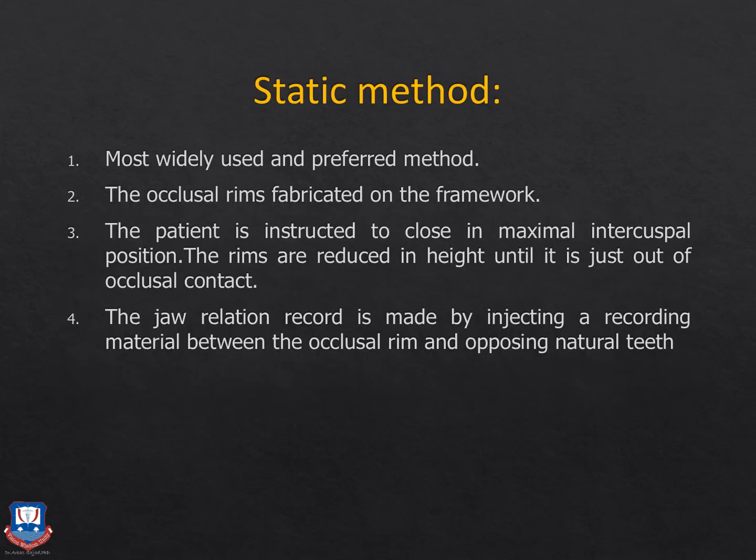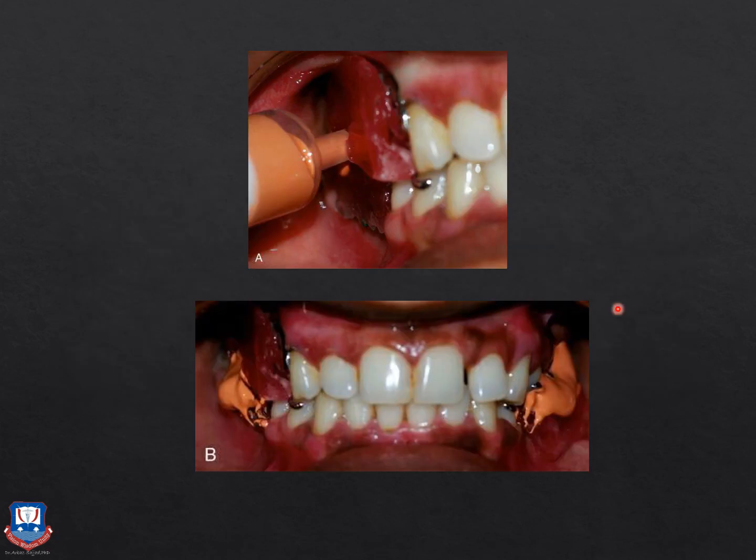Second is the static method which we use. We simply fabricate occlusal rims on the record bases, on the cast partial framework if we are doing a cast partial denture, and then a bite is taken between the upper and lower softened wax rims.